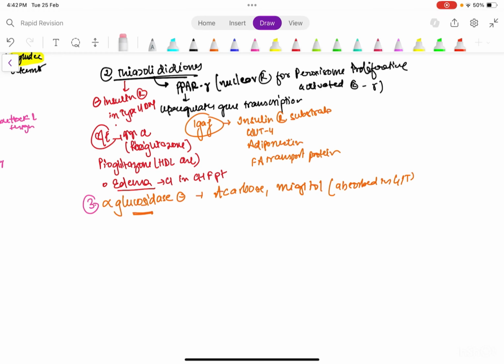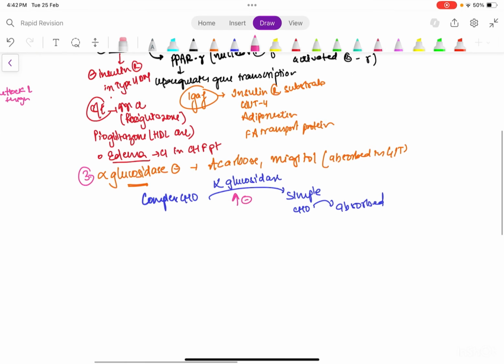So in our diet we take complex carbohydrates. Now they are broken down into simple carbohydrates and then they are absorbed, and here is the action of alpha glucosidase. So basically what we are doing is we are inhibiting this enzyme.